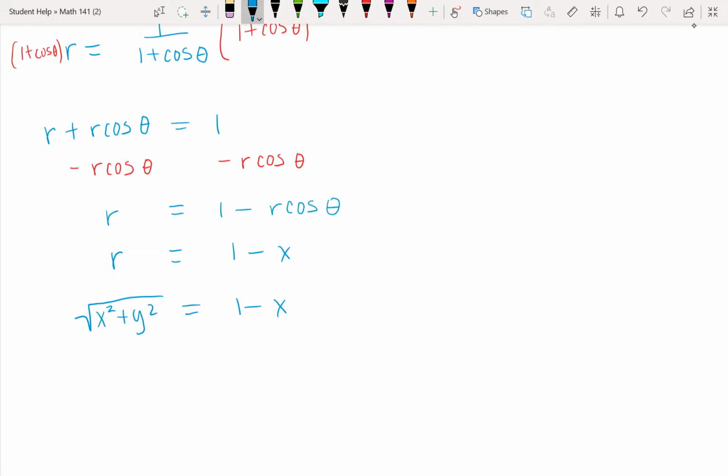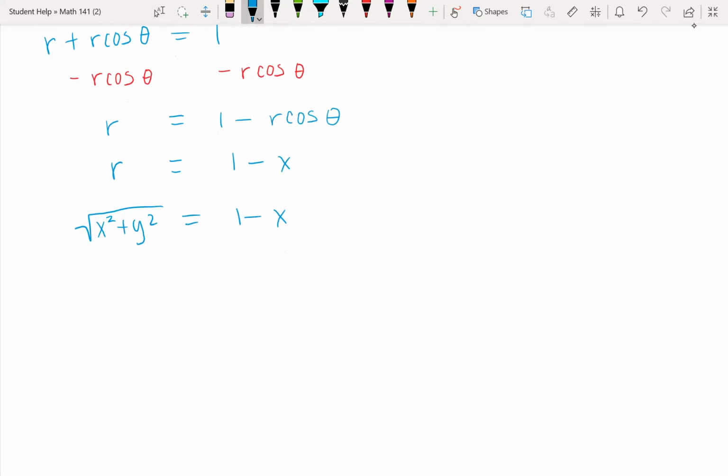We know that we're in rectangular coordinates when we've gotten rid of any r or any trig values, and we have just x and y's. All right, let's square both sides here to get rid of that square root sign. I did here 1 minus x, the quantity squared.